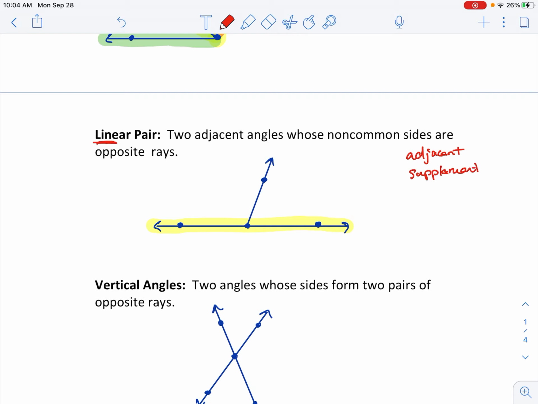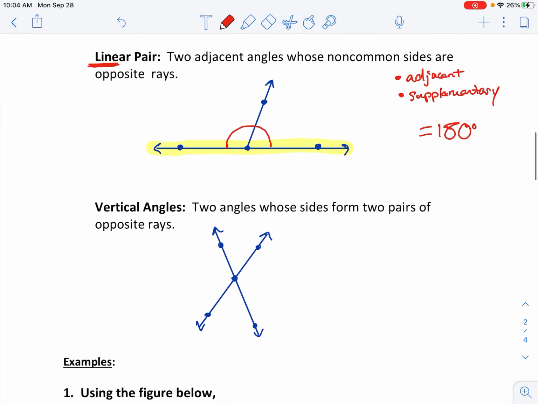If they are supplementary, meaning they add to equal 180 degrees, and they share a vertex and a side, they are a linear pair. Two adjacent angles whose non-common sides are opposite rays, or what we like to say, a line, form a linear pair. These two angles will add up to equal 180. So a linear pair is taking adjacent and supplementary and mashing those together. They will equal 180 degrees.